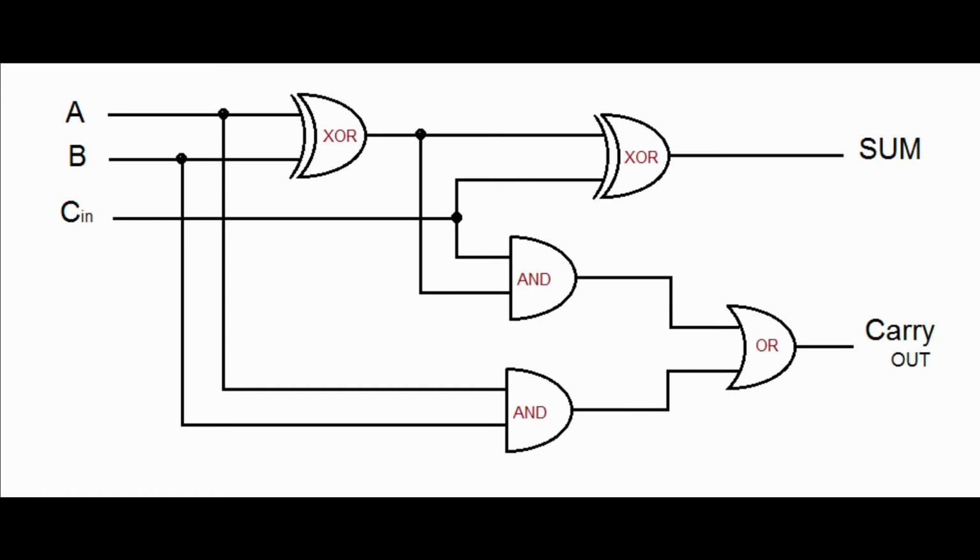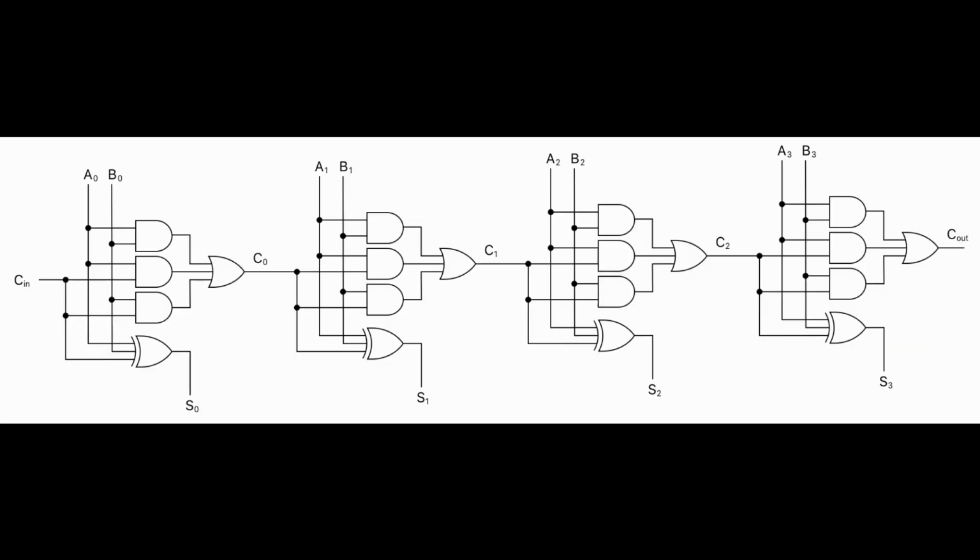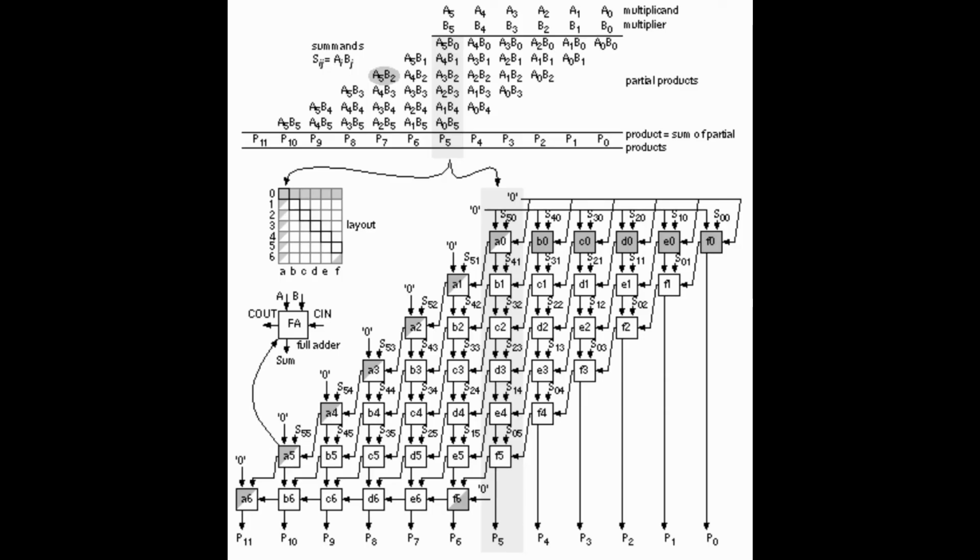If we wanted to evaluate numbers with more bits, we would have to connect adders together, with the carry out of one adder connecting to the carry in of another. If we wanted to sum 64-bit numbers, as most modern computers can, we would have to connect 64 adders together. This is what allows computers to evaluate incredibly large numbers.